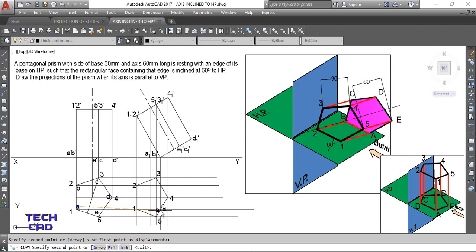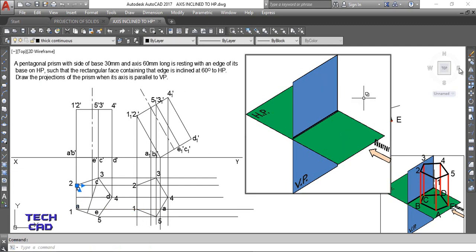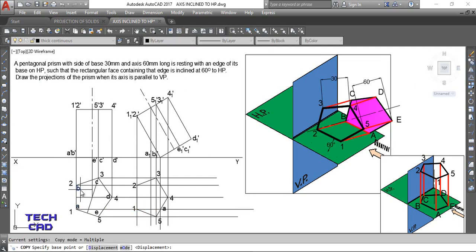In the same way take B and put it over here, so you know that this is B. Take the projection from this also, this one, again take a projection also.